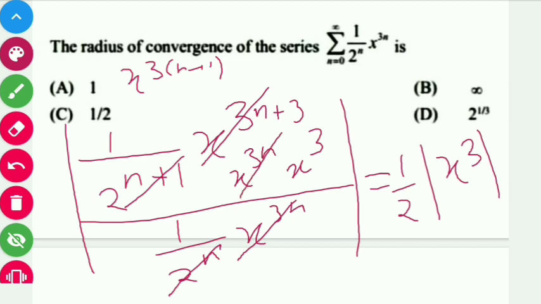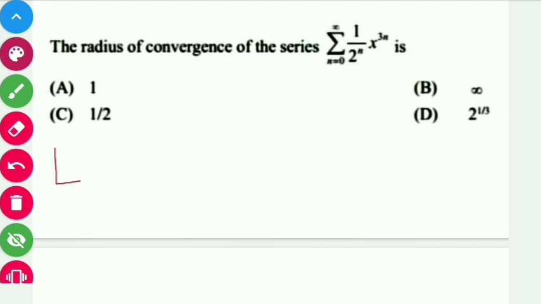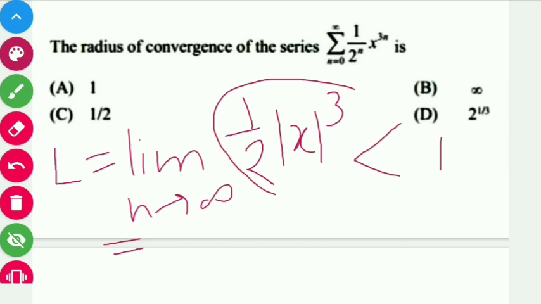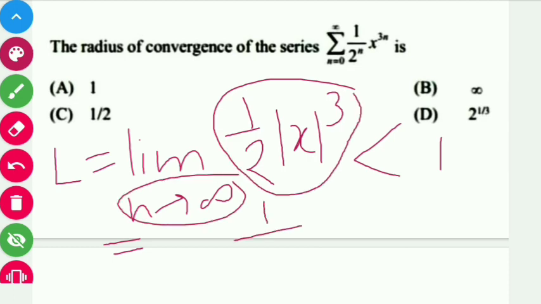So we have L equal to the limit as n tends to infinity of 1 by 2 times mod of x cube. Now note that this quantity is independent of n. So this limit is just equal to 1 by 2 times mod x cube, right? So this is our L.